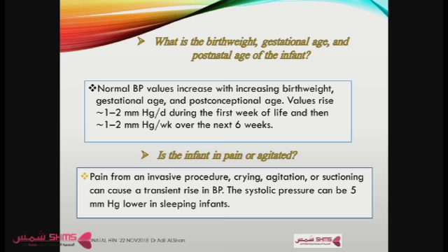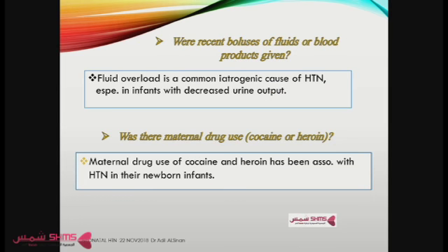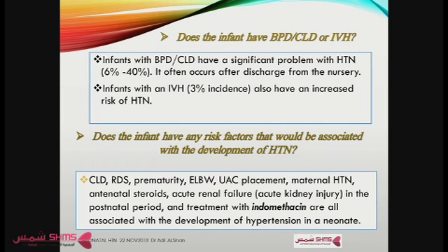Systolic blood pressure can be 5 millimeters lower during sleep. Fluid overload, especially if the neonate doesn't void, makes it easy to have an iatrogenic increase in blood pressure. Maternal drug use, cocaine and heroin, can prolong the neonatal withdrawal syndrome.